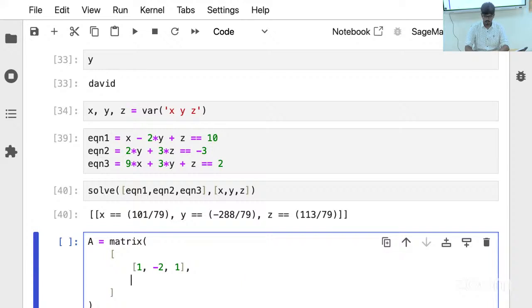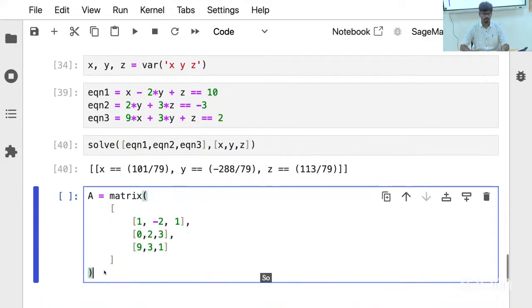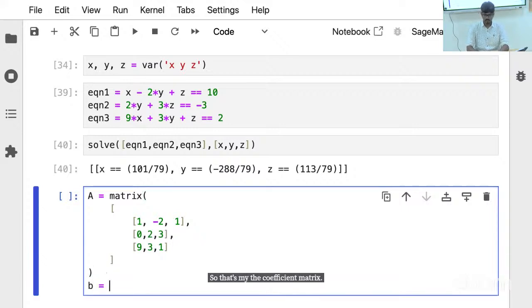The second row would be 0, 2, 3. And the third is 9, 3, 1. So that's my A, the coefficient matrix. And B will be simply a vector with the values 10, minus 3, 2.